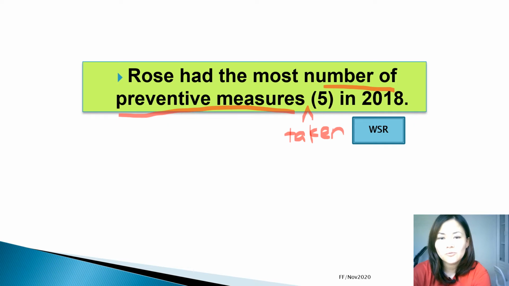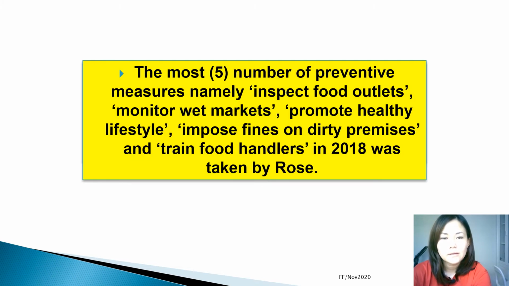So you have to make sure you write the word taken together with the preventative measures. This is how particular examiners are. So wrong subject reference, inaccuracy.